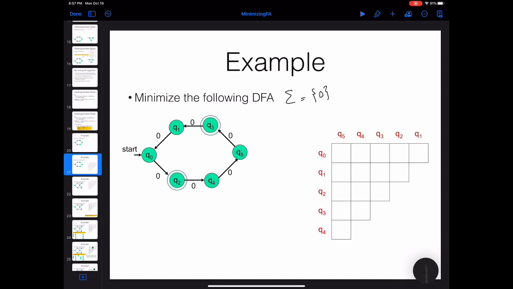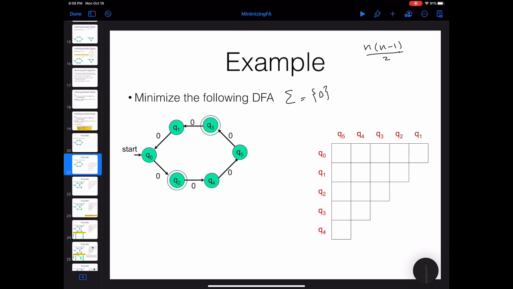In this algorithm, I'm going to check all possible pairs of states that I have. So if I have n states in my DFA, the total number of potential pairs that I have to check is n times n minus 1, divided by 2.